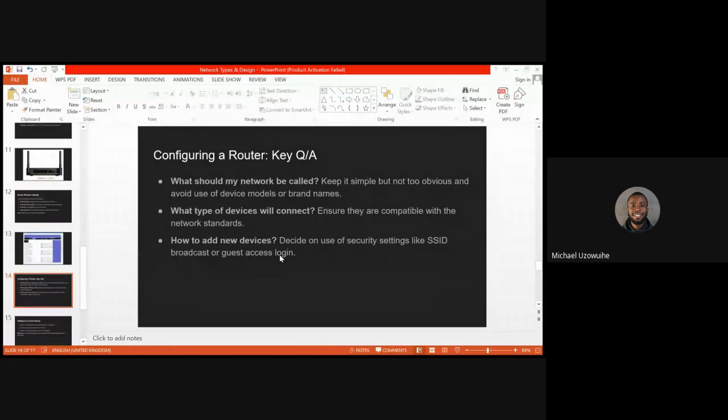Remember, the focus is on the wireless router. Why? Because it is difficult for somebody to enter your organization, connect a cable into your router and connect it to their PC. That's not possible. It's only through the wireless network that somebody can come to your organization and get access, because they probably don't have access to the physical devices.